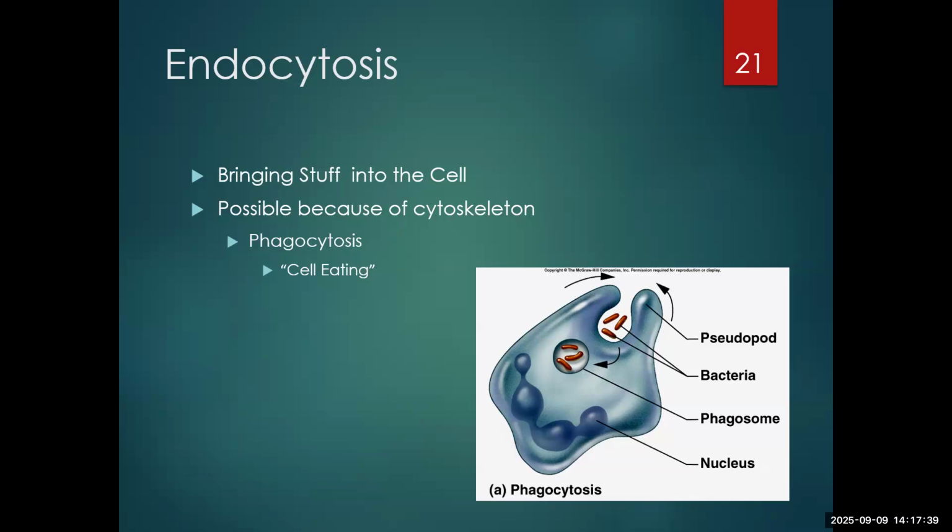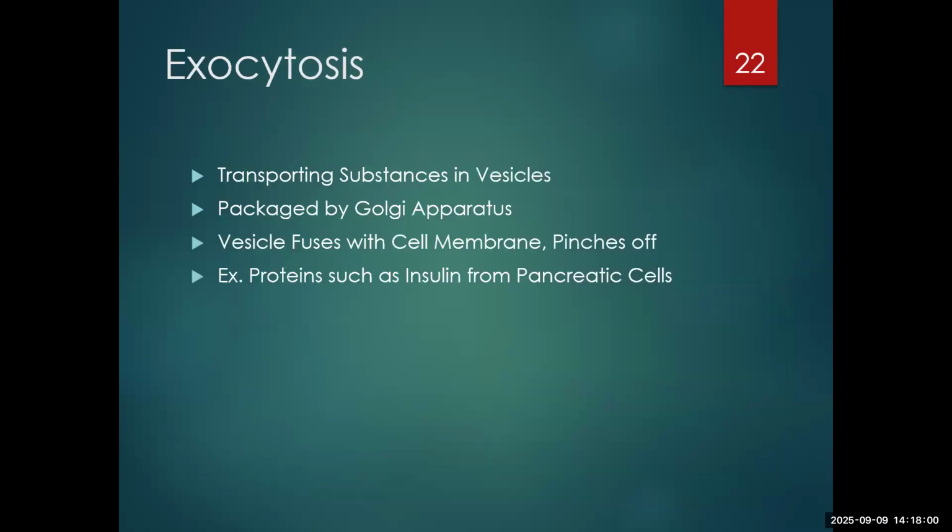Isn't that amazing? If you are invaded with bacteria, you have white blood cells that can engulf hundreds of bacteria at once and get rid of them, so that you may not even experience symptoms of being sick. So that is phagocytosis, eating, and that's where we'll stop.